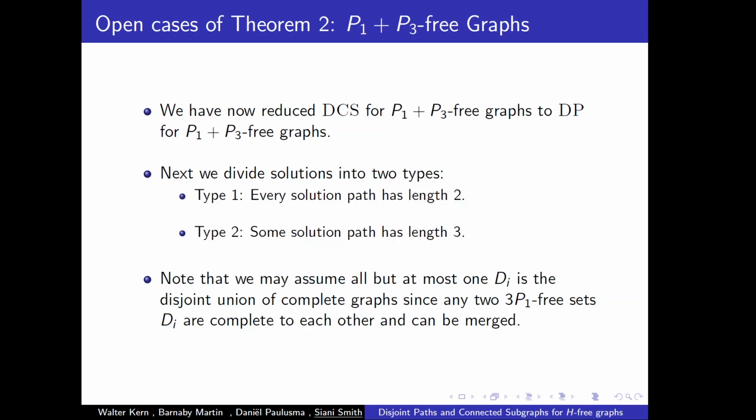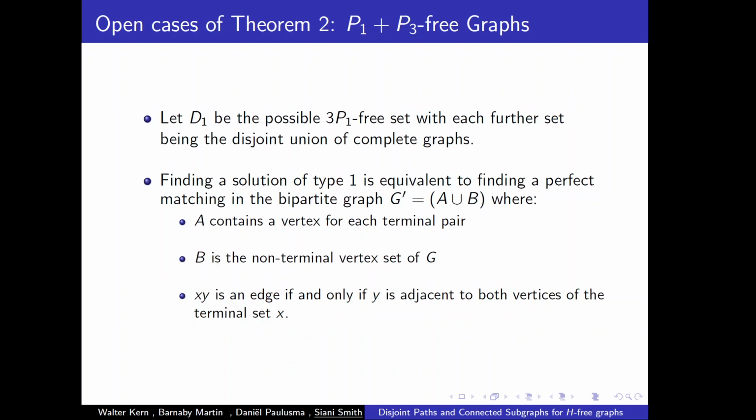Since any 2 3P1 free sets, say Di and Dj, are complete to each other, we can merge them into one larger 3P1 free set. So we can assume we've only got one set which is 3P1 free but not necessarily the union of complete graphs, and that's D1.